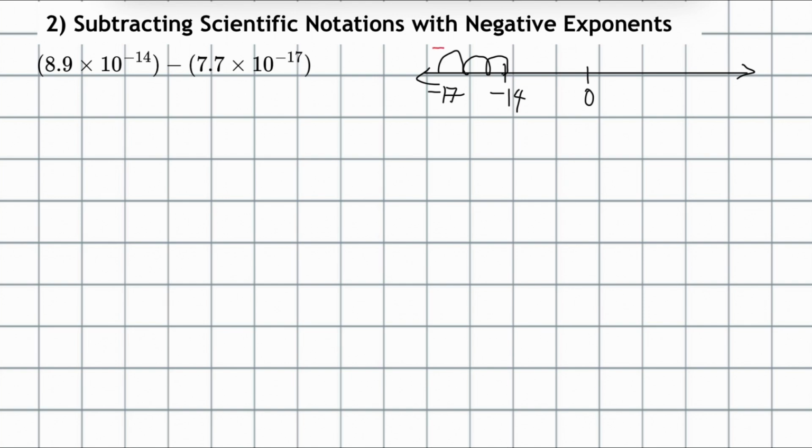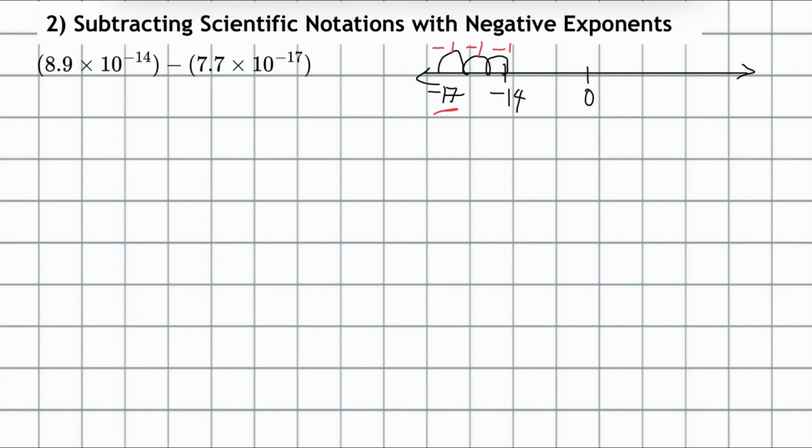And we know that we move negative 1 time, negative 2 times, negative 3 times. We move negative 3 times in order to get to negative 17. So we know for sure that negative 17 is smaller in value than negative 14, because negative 14 is closer to the positive values and is closest to 0.